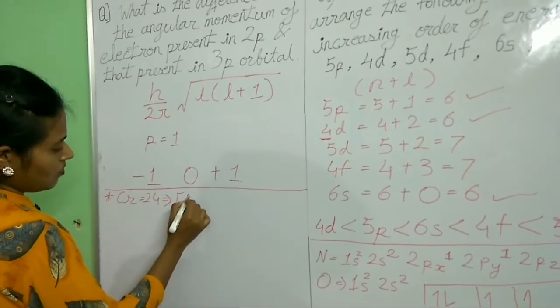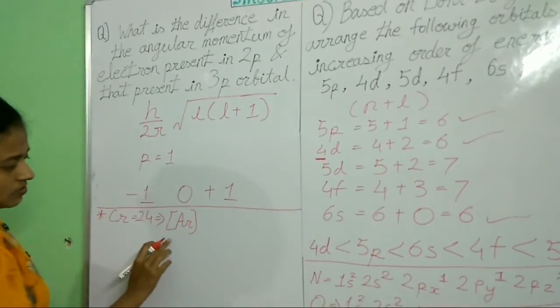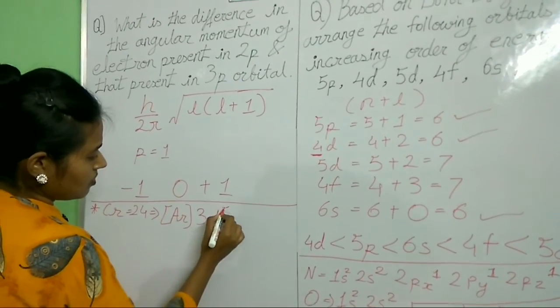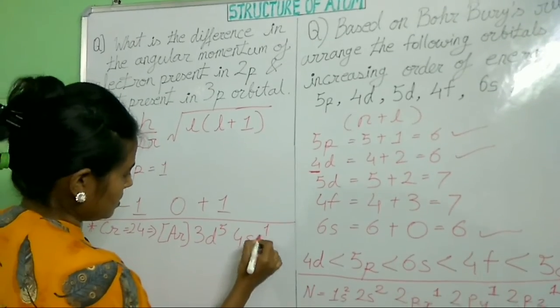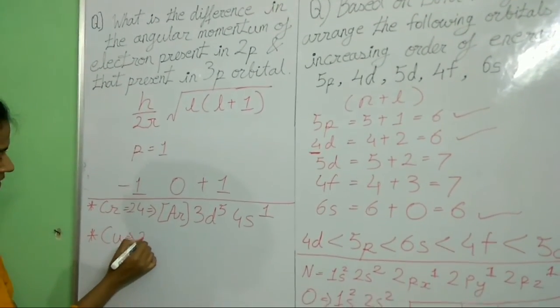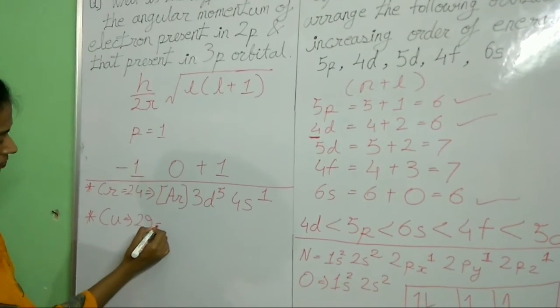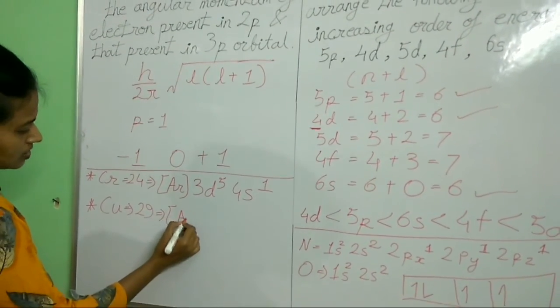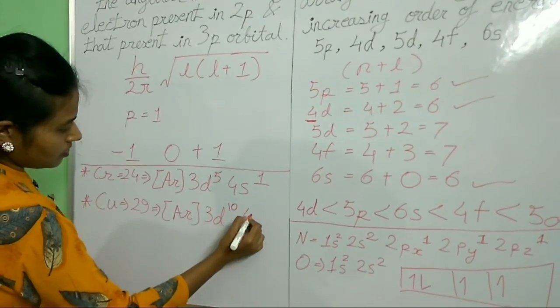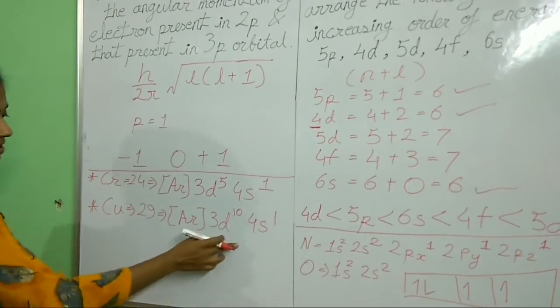Argon, atomic number 18, then 3d5 4s1, right? And for copper the atomic number is 29. The exceptional electronic configuration is argon 3d10 4s1. Why is it exceptional?